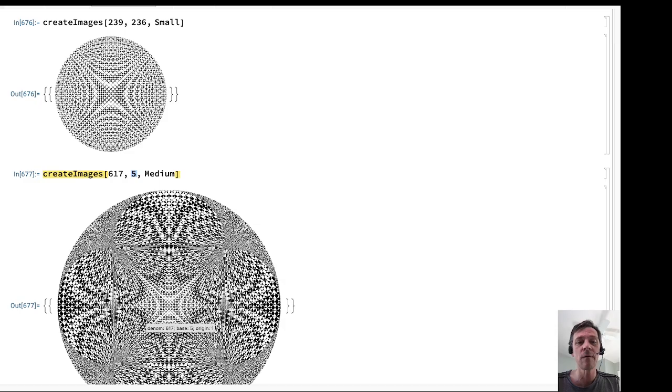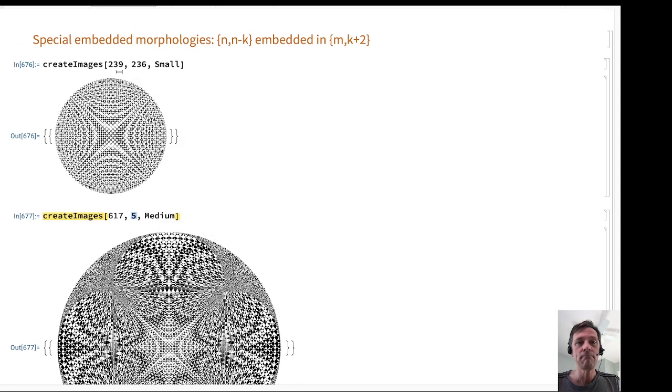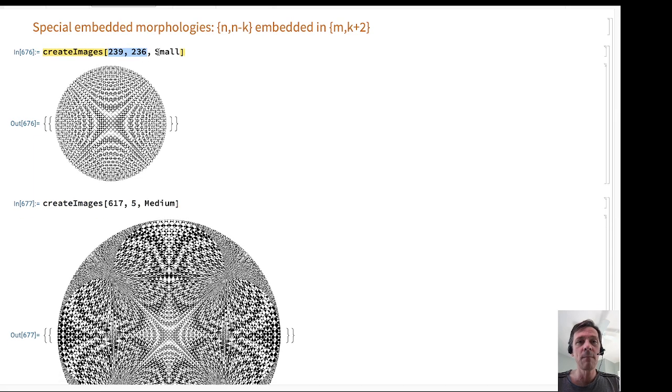This four-pointed star is embedded inside. This will become more clear as there are more examples, but this is n minus 3. Here k is 3, k plus 2 is 5, n minus 3, 5.